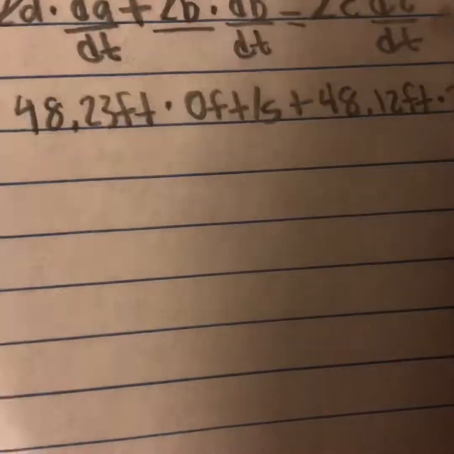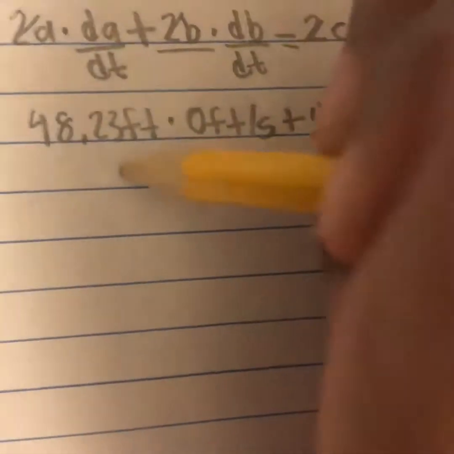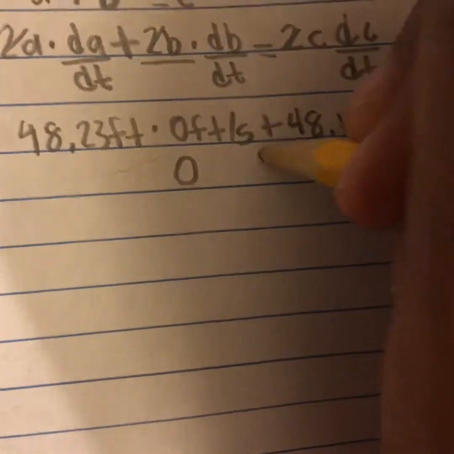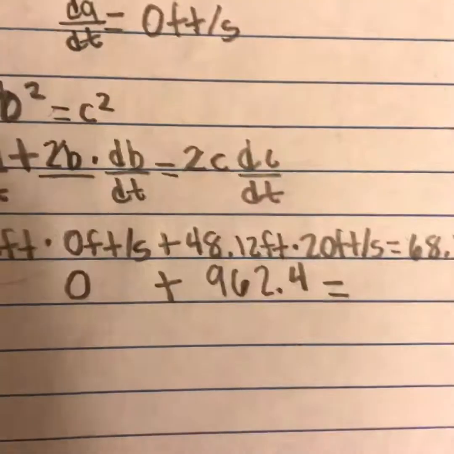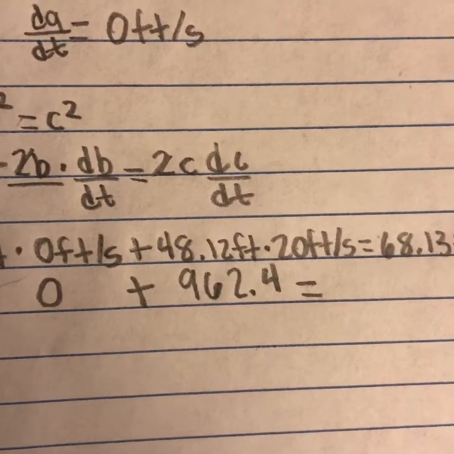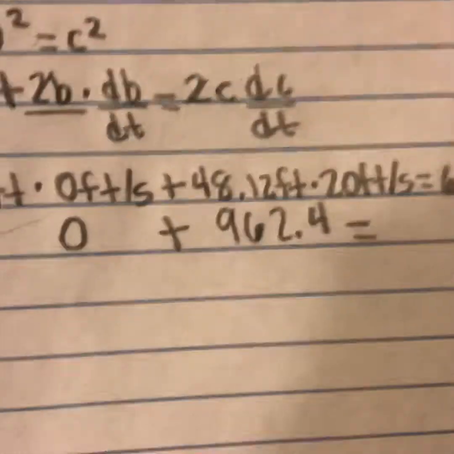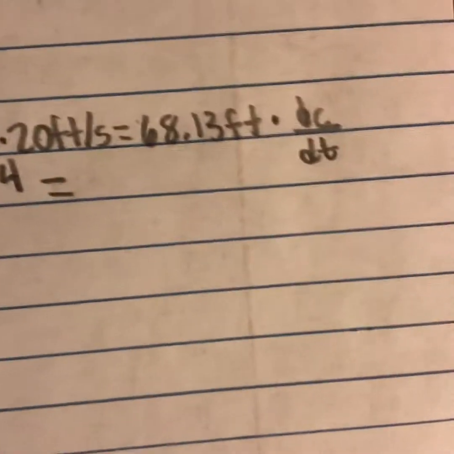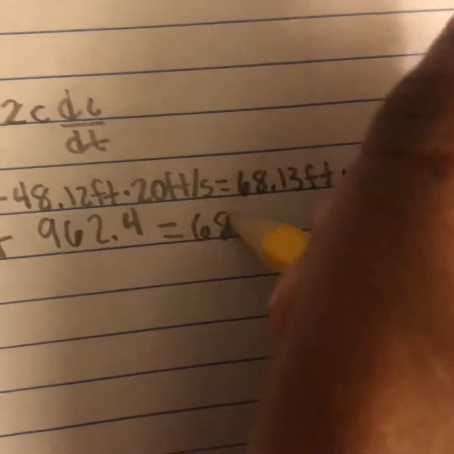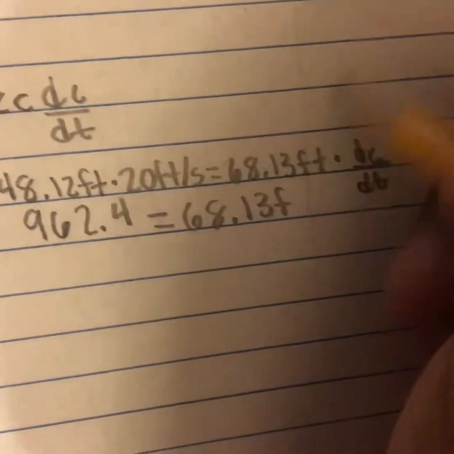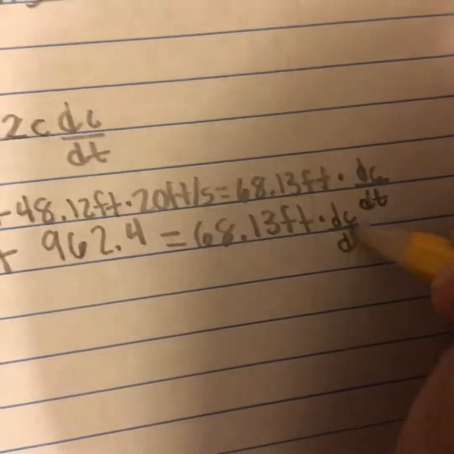So now we're going to make this calculation. This is always going to be 0 because anything multiplied by 0 is 0. 48.12 times 20 equals 962.4. And then we have 68.13 feet times the derivative of C with respect to time.